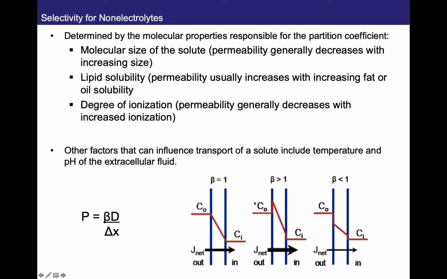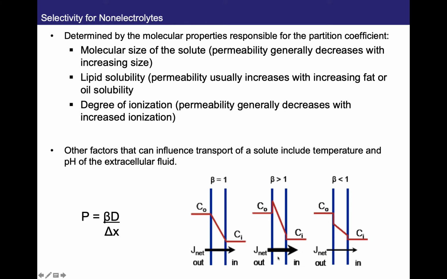Now you can see the concentration gradient within the plasma membrane is a lot more steep, right? So if that concentration gradient is steeper, then what happens to the net flux? Think about Fick's law. If the concentration gradient is greater, what happens to net flux? It actually increases quite a bit, right?